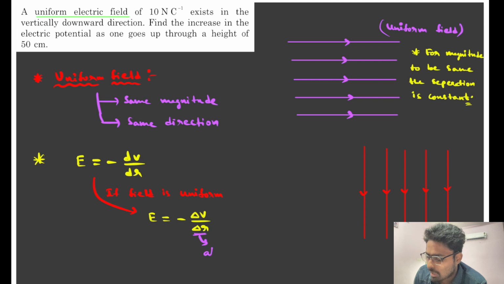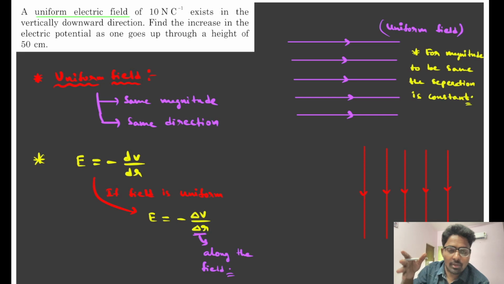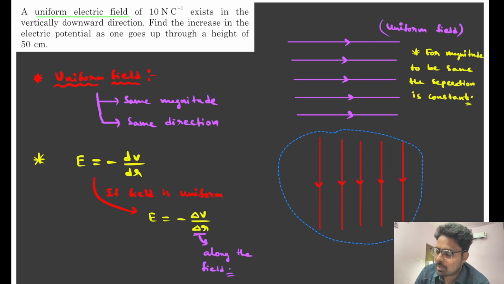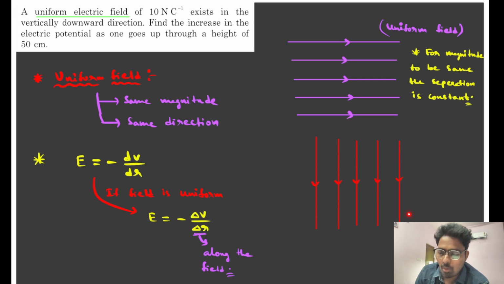I need to write along the field. That means along the direction of the field. It can be either in the same direction or the opposite direction. So as I said here, the upper region is the higher potential region and the lower region is the lower potential region. When I go from here to here, obviously the potential will increase. The potential would be increasing.